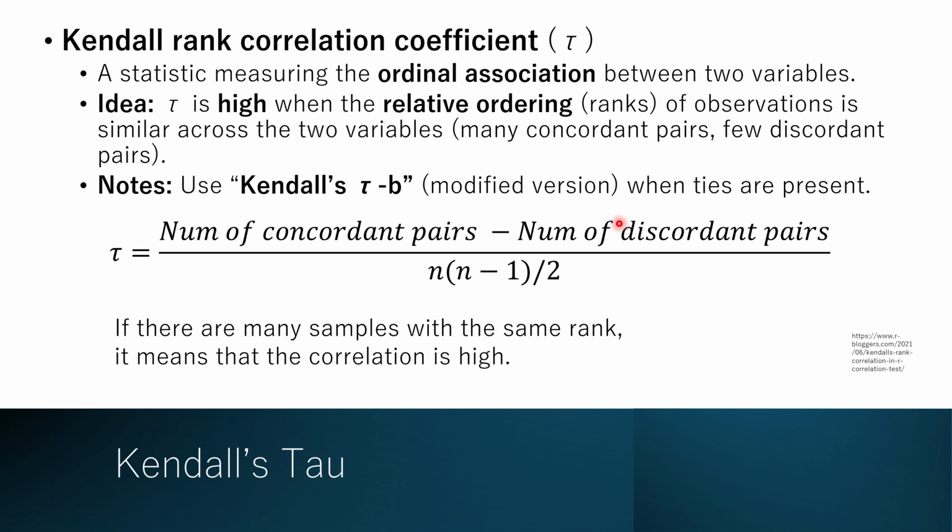When ties are present, please use Kendall's tau-b. Tau is more intuitive with small samples and heavy tie ranks. It is robust to outliers and, like Spearman, targets monotonic association rather than linearity.